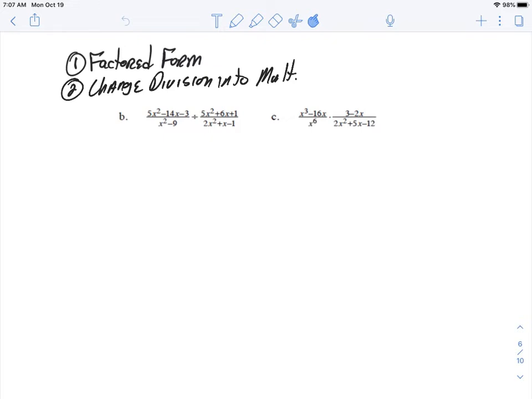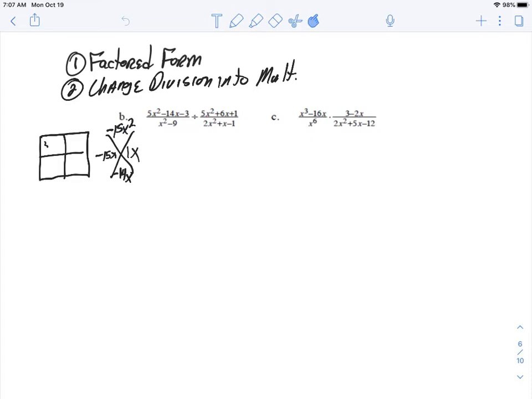So let's take and factor our numerator. I'm going to use squares and diamonds. Has to add to a negative 14x, but multiply to a negative 15x squared. That's going to be a negative 15x and a 1x.